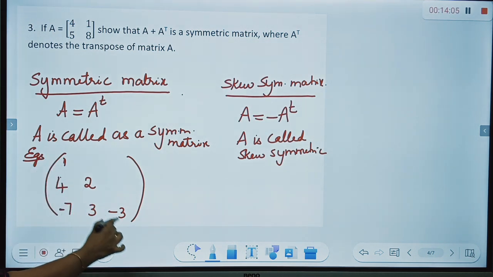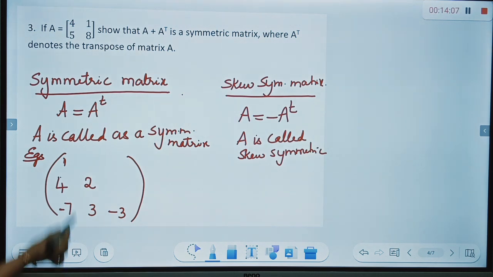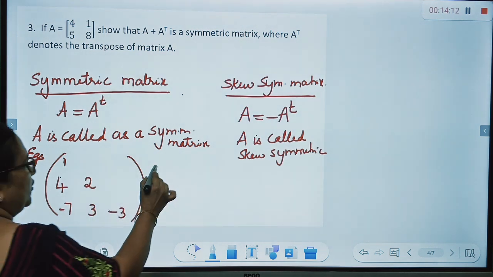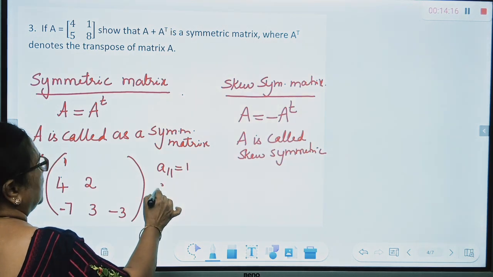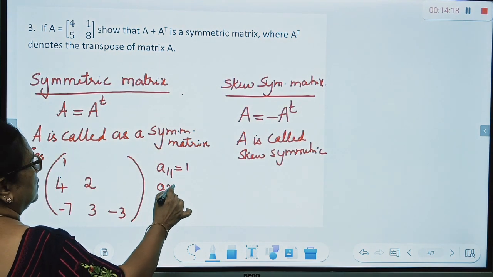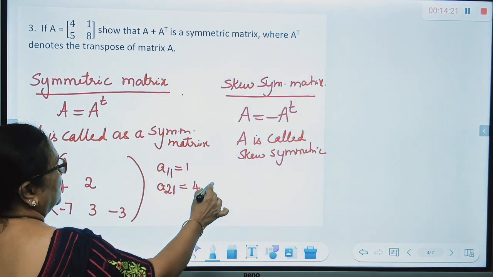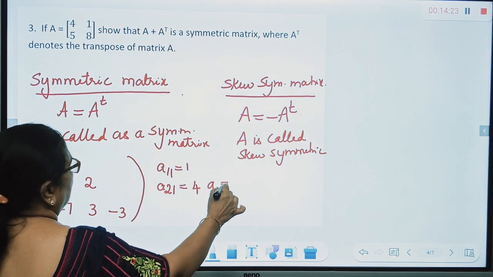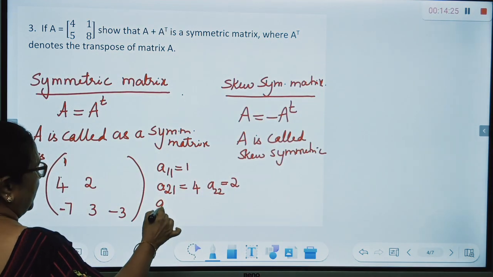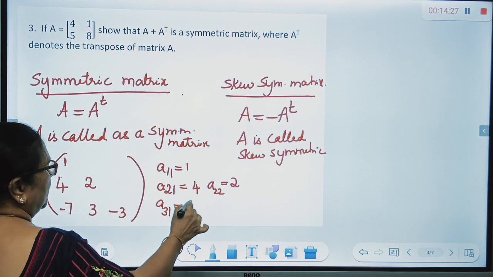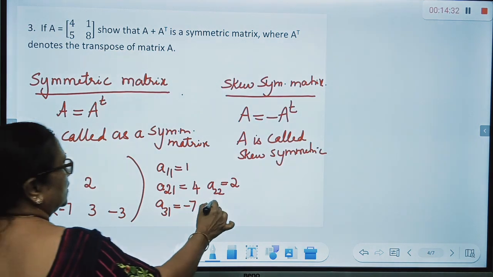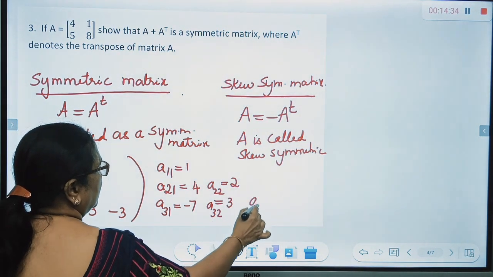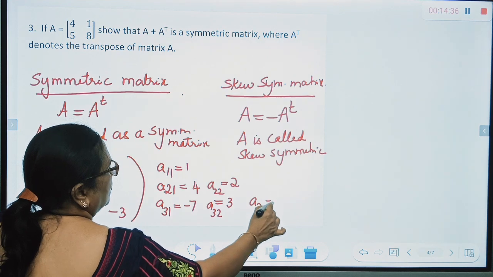So this is the diagonal and I filled one side of the diagonal. So you have A11 equal to 1, A21 equal to 4, A22 equal to 2, A31 equal to -7, A32 is 3 and then A33 equal to -3.